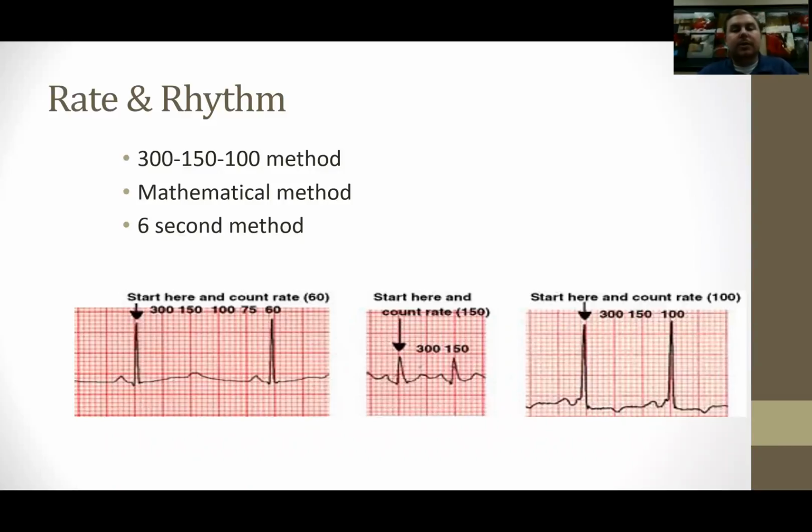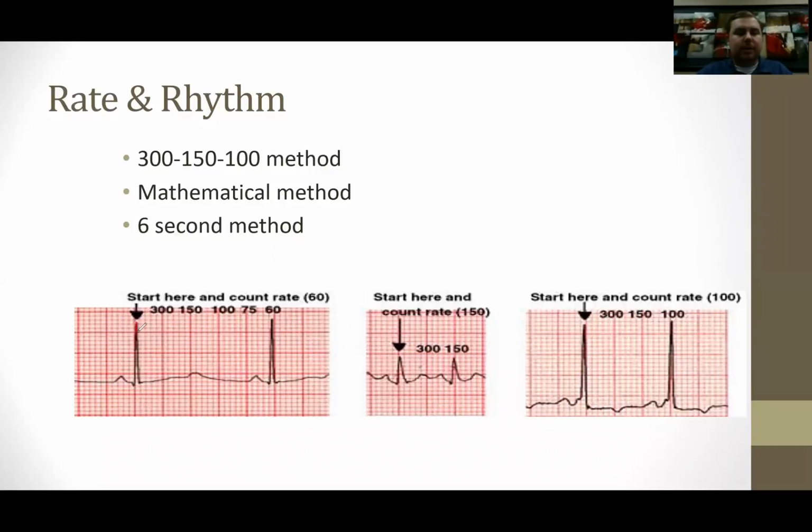What you're going to do for this 300, 150, 100 method is we're going to find a QRS that lands on one of those big boxes, one of the bold lines. Once we find those, and it could be anywhere on the 12 lead, it doesn't have to be the first one that you look at, we're going to start counting. So let me get my little marker out here.